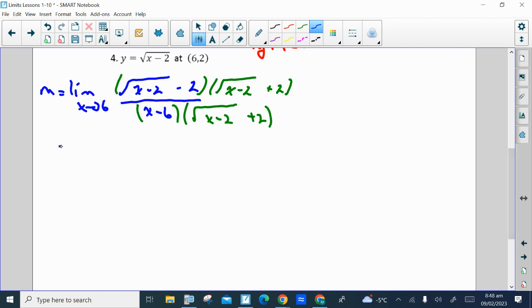So on top, when we multiply out the conjugate, the front terms, root of x minus 2 times the root of x minus 2 is x minus 2. The outer and inner products will cancel. The last terms, -2 times 2 is -4.